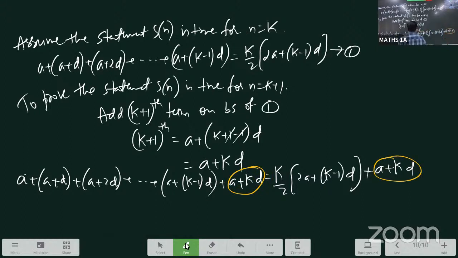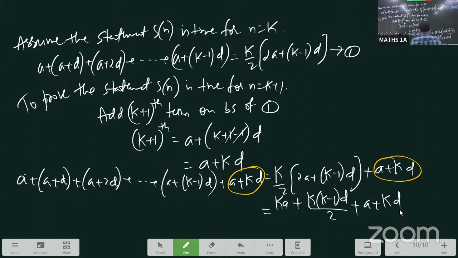Now we are going to simplify your RHS part. Multiplying k inside, 2 gets cancelled, what will I get? ka plus k into (k minus 1) into d, divided by 2, plus a plus kd.